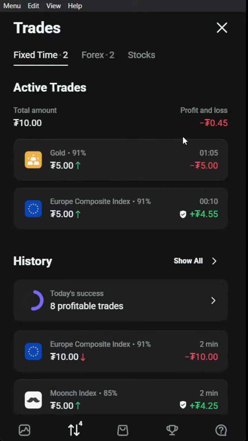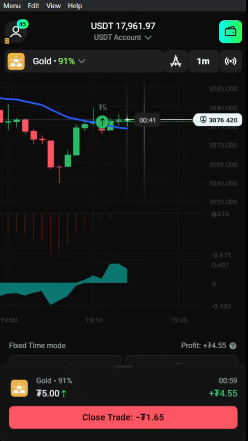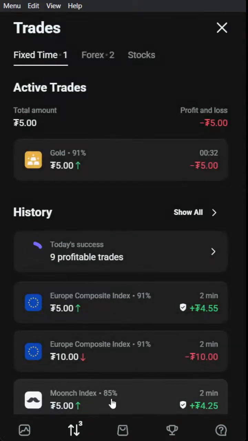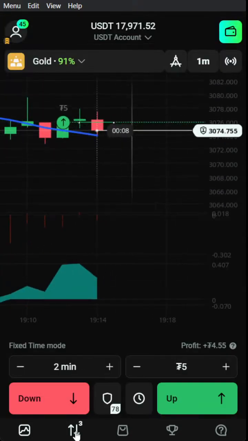It is right now showing in our favor, but there is fluctuation in gold. Let's see what's happening. Oh, okay, up and down. So I see that the euro composite trade did go in our favor, but right now the gold is fluctuating, right? The gold is not going in our favor.